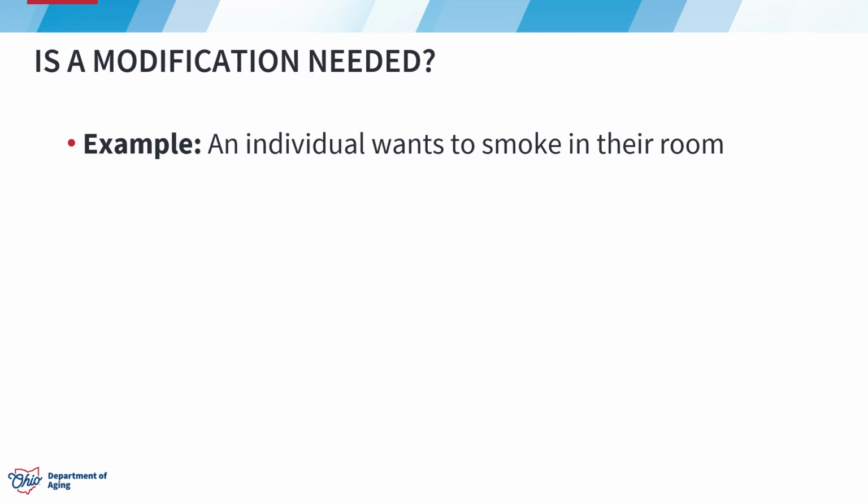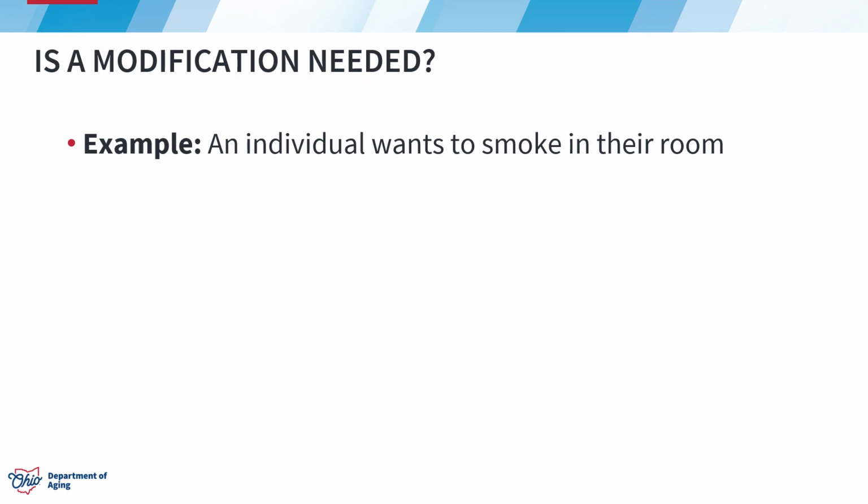So in this example, the individual recently moved into the assisted living, and they like to smoke in their bed every night before falling asleep. But the facility doesn't allow smoking anywhere in the building per their policies. Now, the individual did sign the resident agreement with a no smoking policy within that agreement.